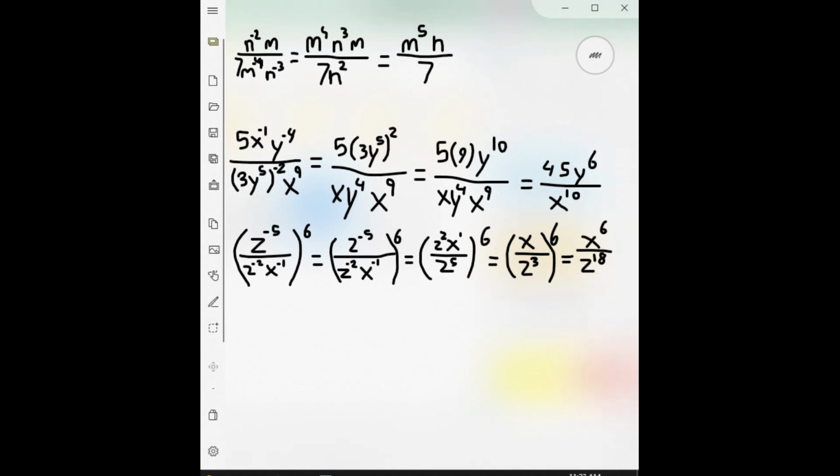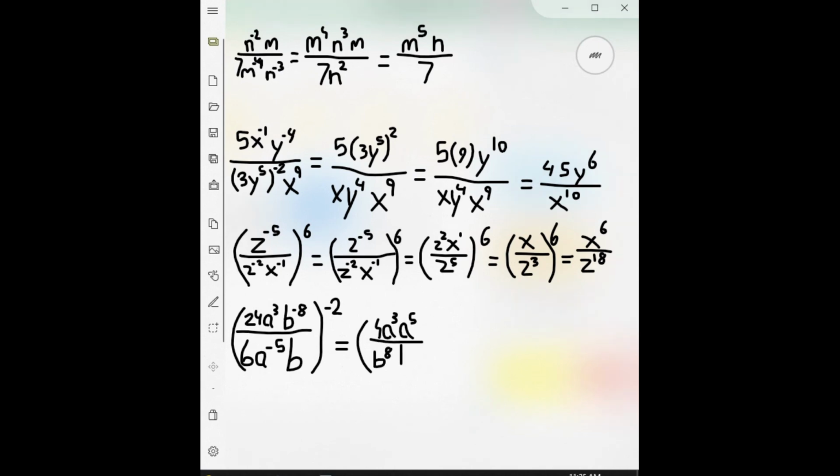And the next question is going to be 24a to the power of 3 times b to the power of negative 8 divided by 6a to the power of negative 5 times b with the parentheses, and outside the parentheses is negative 2. What we're going to do here, first make the negative exponents switch sides from top to bottom.